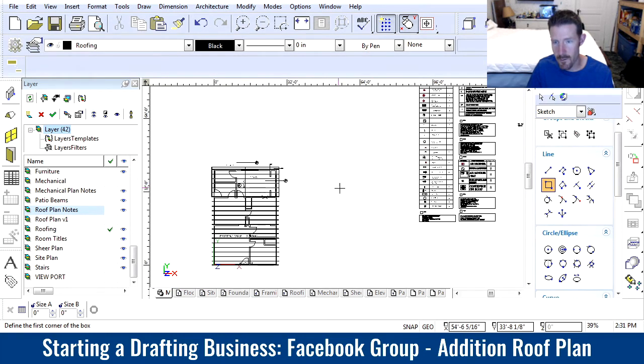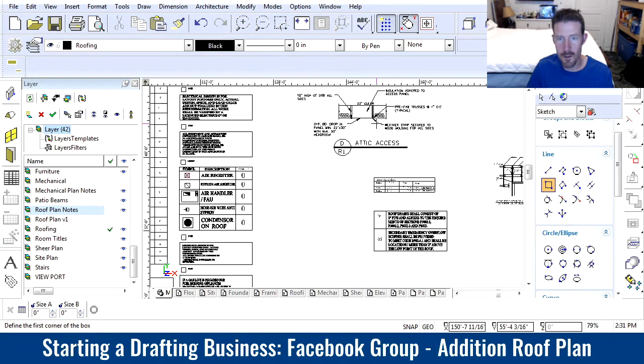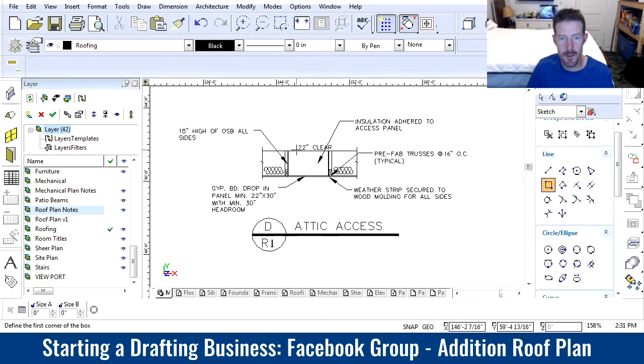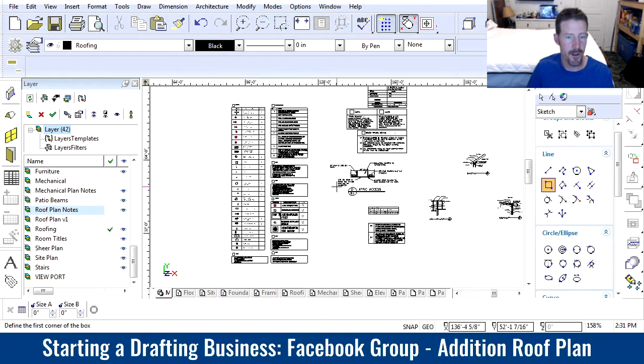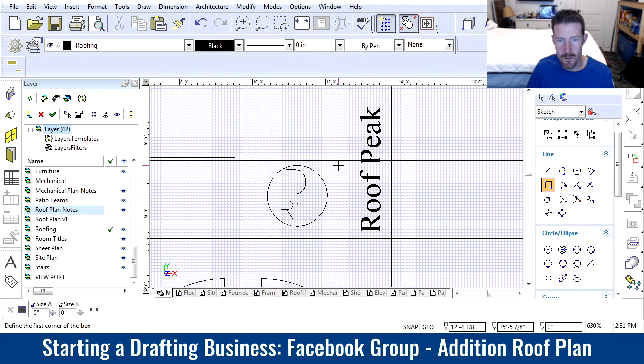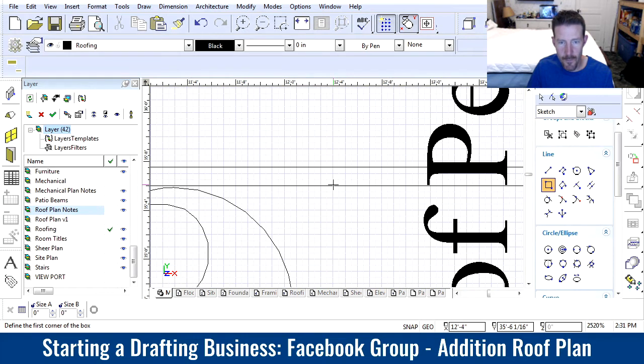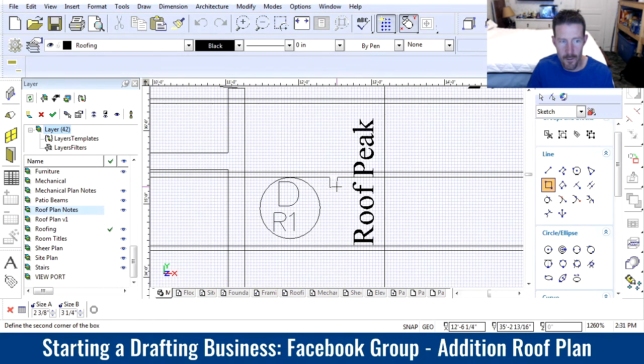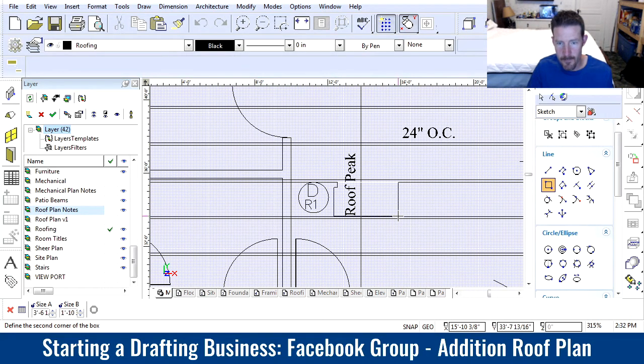How big is this? This is the attic access. It's 22 inches from truss to truss, and it's 18 inches tall, and it's 30 inches. Okay, so we're going to come in here, draw ourselves a little square. 30 inches by 22 inches.